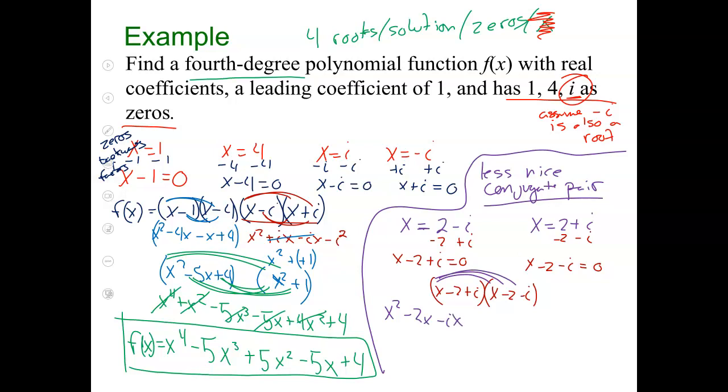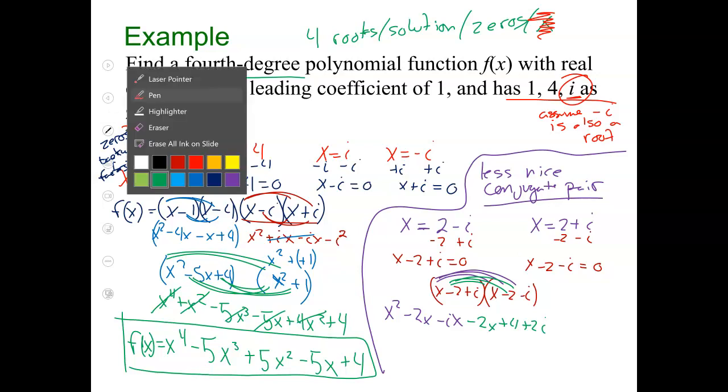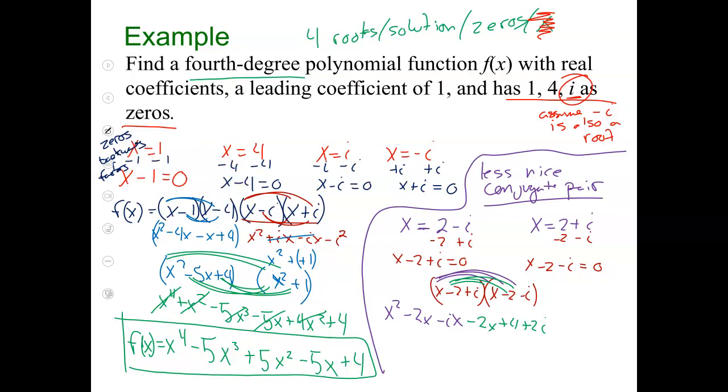Then we move on to the negative 2, and we keep distributing. Negative 2x, positive 4, positive 2i. And then we do the last set. This is where stuff will start to cancel. Positive ix, negative 2i, and negative i squared. Negative ix and positive ix cancel. 2i and negative 2i cancel.